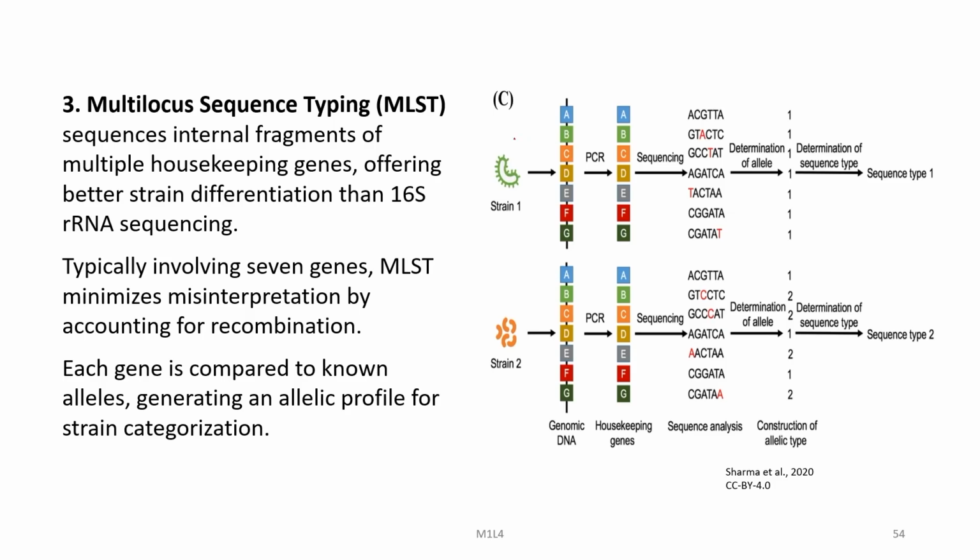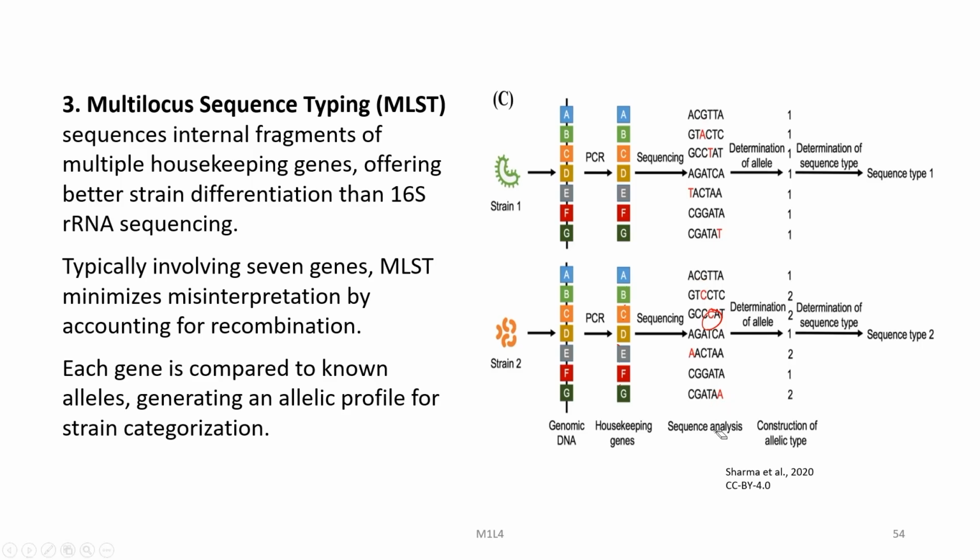So, we have here strain 1 and strain 2, and you can see this is the genomic DNA, PCR is being generated for these 1, 2, 3, 4, 5, 6, 7 housekeeping genes, and then it is subjected to sequencing, and in the sequence analysis we can detect some of the differences in the bases at different positions.